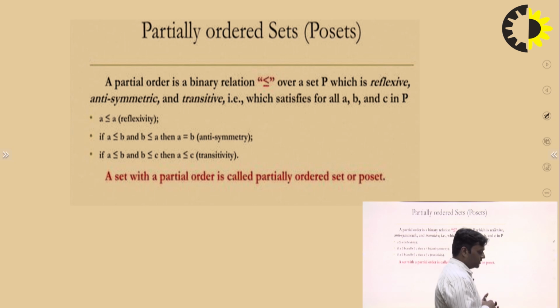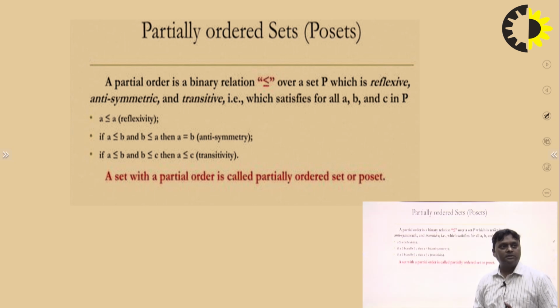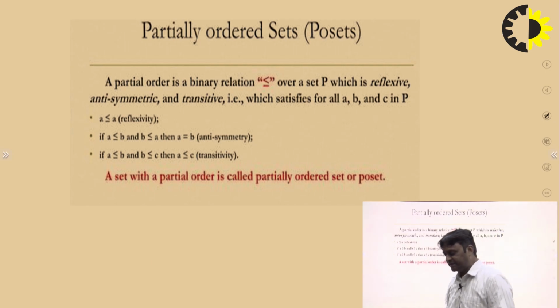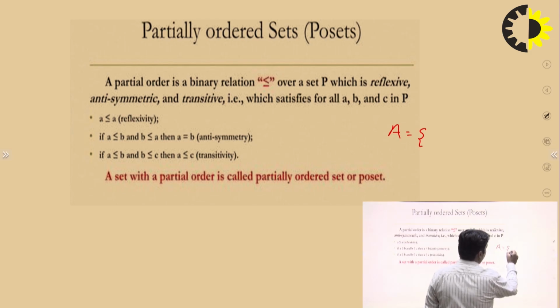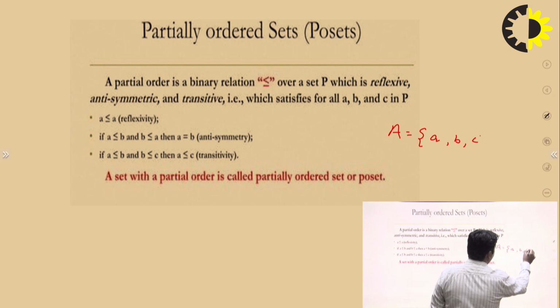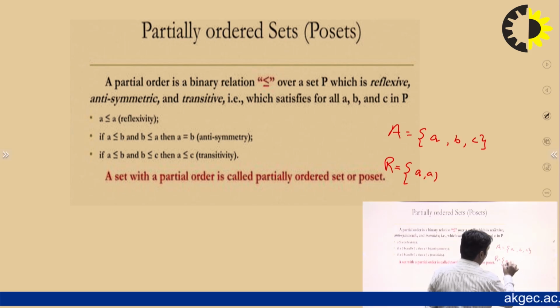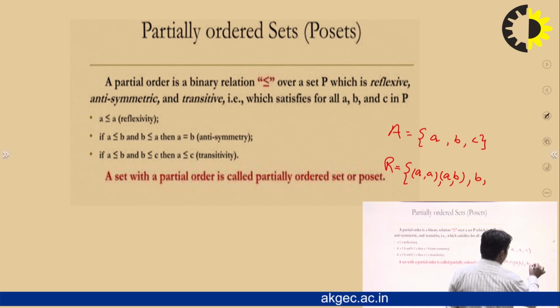Then reflexive relation. If a relation is reflexive, then all the elements (a, a) should belong to the relation on the set A. We can say that if a set has elements A, B and C and a relation is given here: (A, A), (B, B) and (C, C).